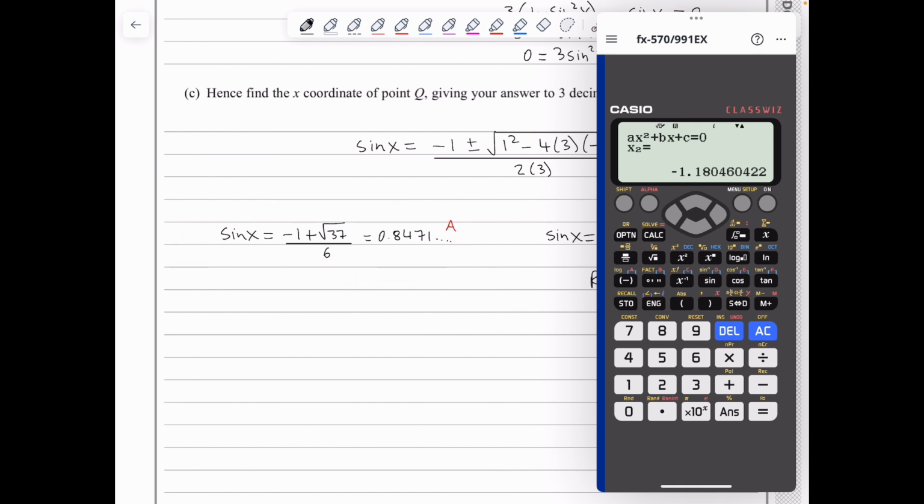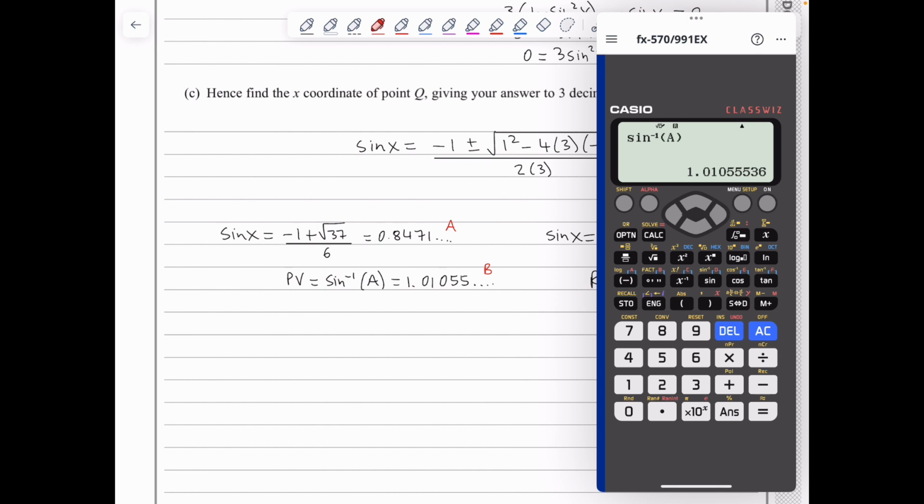So my PV will first of all be shift sine of A. So I press menu 1, shift sine of A. Be careful, we are in radian mode here. I get a value of 1.01055... So this I will store on B because it's going to be the building block for all the solutions to the trigonometric equations.